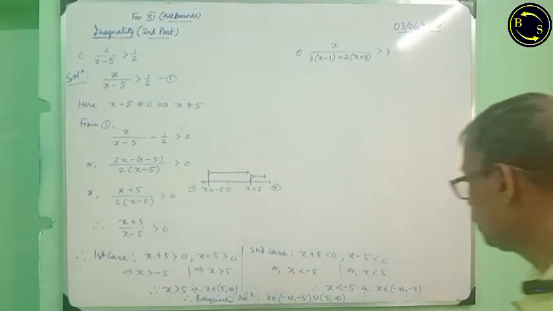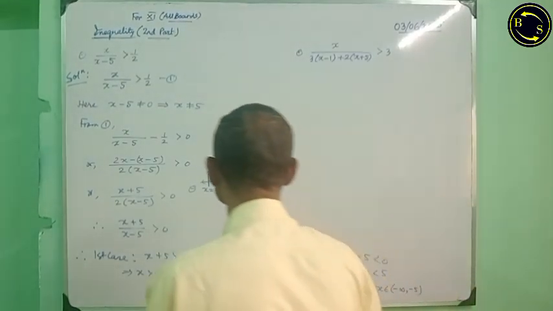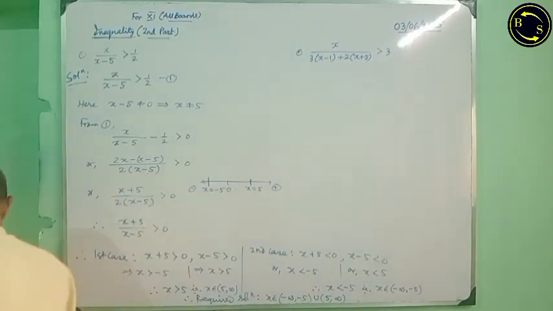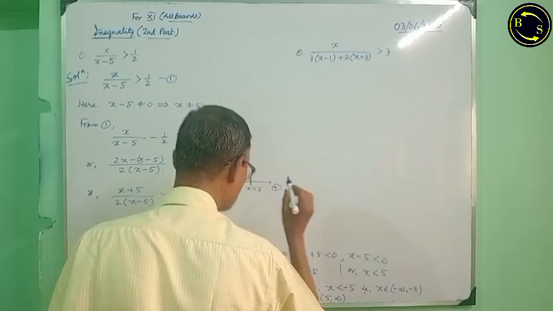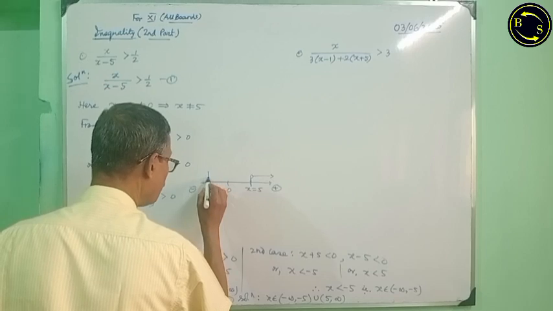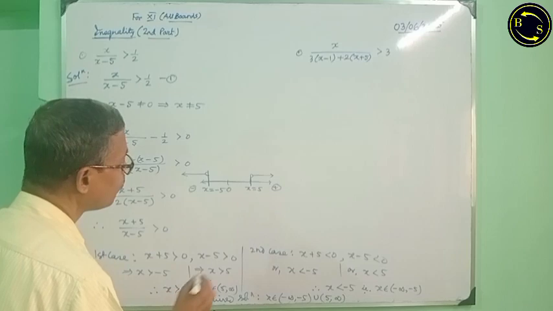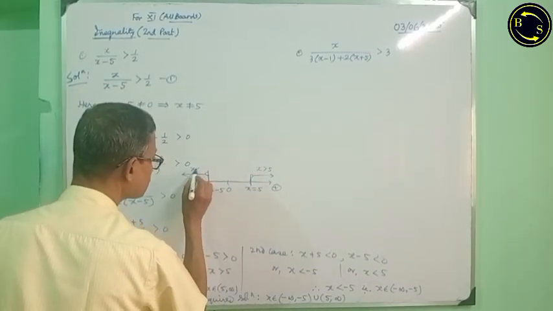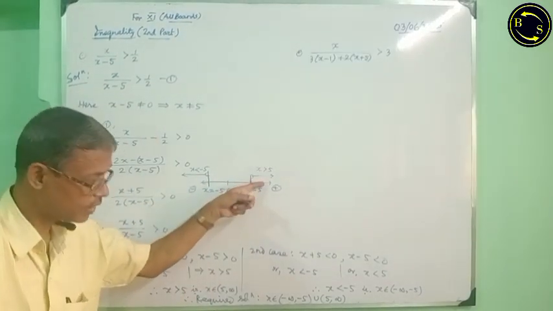We can express with the help of number line. This is x greater than 5, this is x less than minus 5. Now union of these two intervals is the required solution.